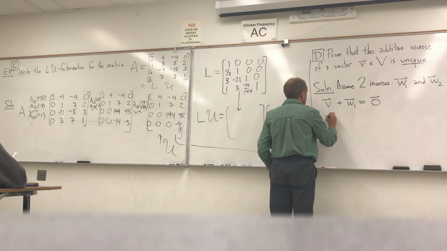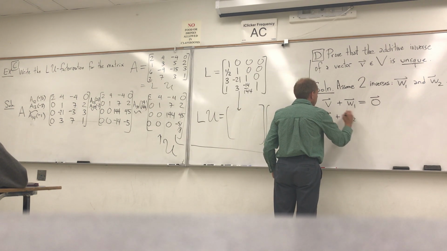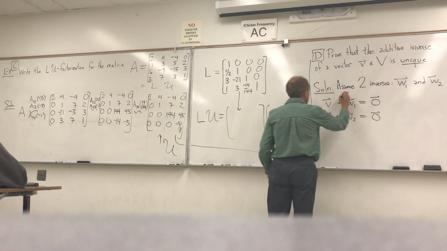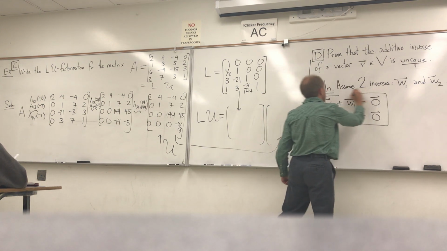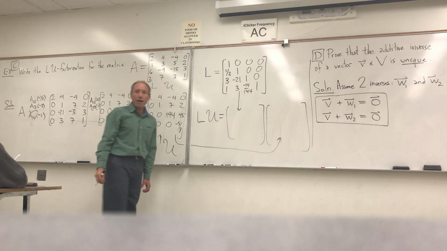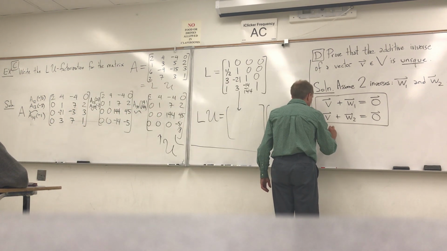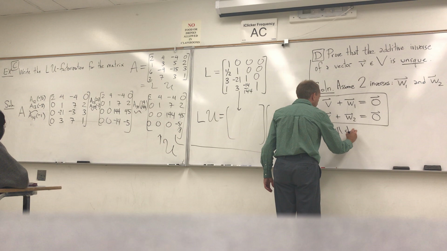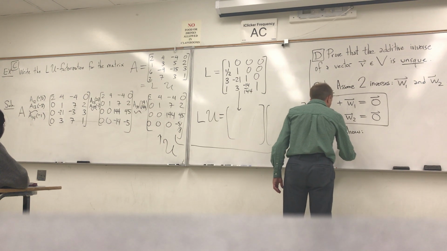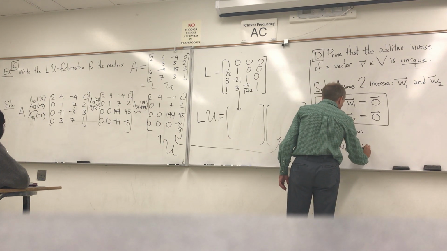So V plus W1 is 0, and V plus W2 is also 0. Okay, so this is what you have to work with. And we will show that W1 is equal to W2.